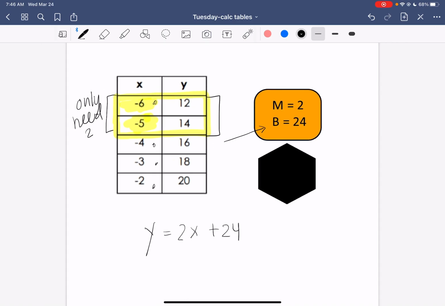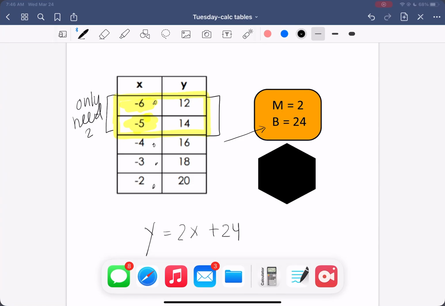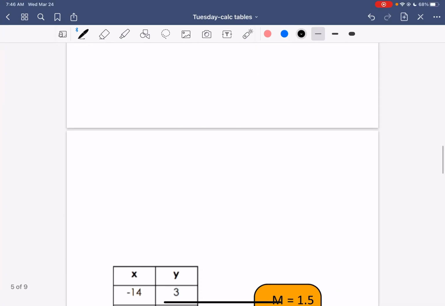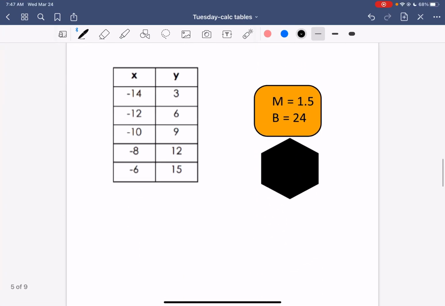All right, so what I'm going to do is scroll through a few more problems that I would like you to try on your own. Again, the answers are listed because I want you to make sure that as you put this information into the calculator, you can end up with the correct y equals mx plus b formula. Okay, so pause the video and work on that one.